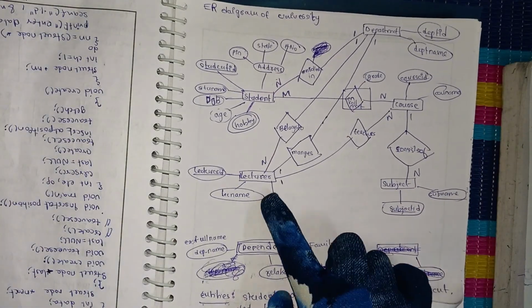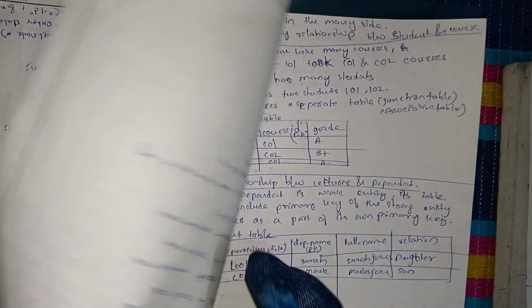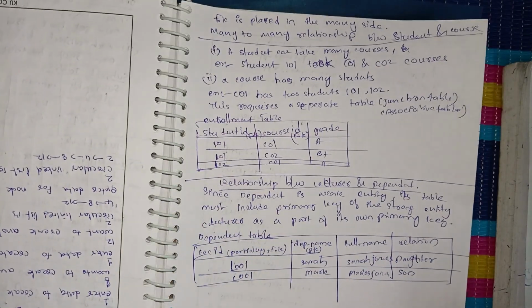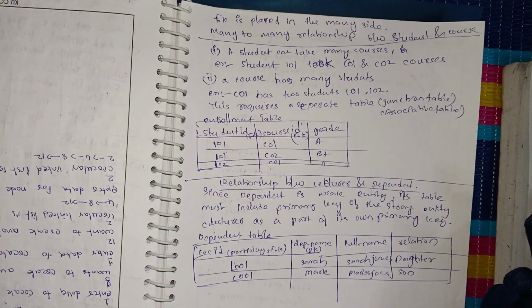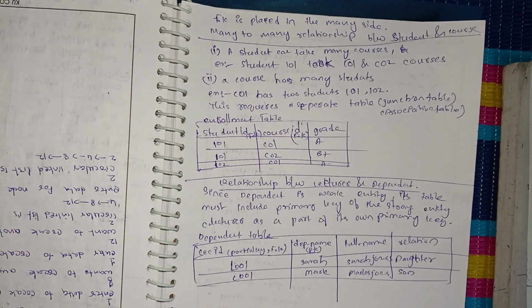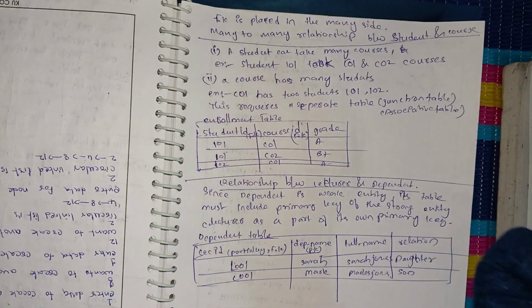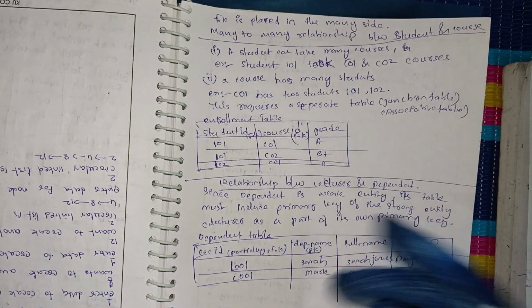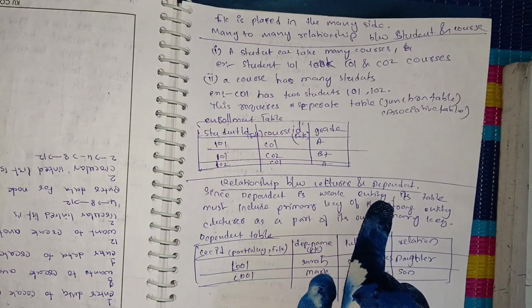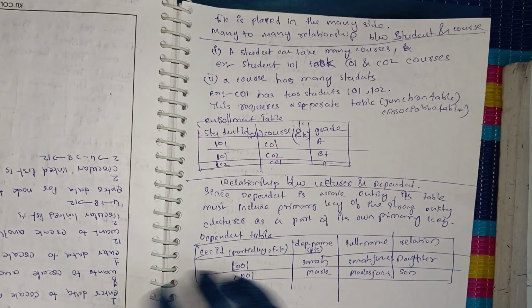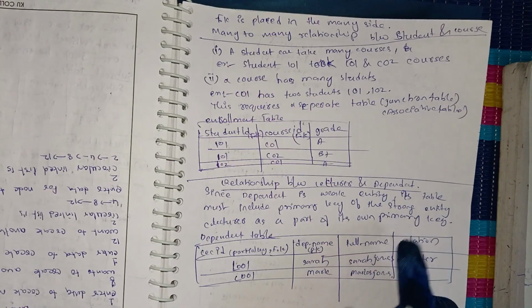And then the relationship between the lecturer and dependent. Here there is lecturer and dependent. There is no mapping cardinality between them. Okay, I'm only explaining how to establish a relationship between a lecturer and a dependent. So since dependent is a weak entity, its table must include the primary key of the strong entity.